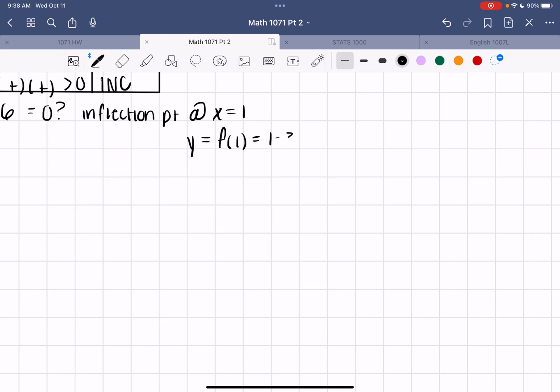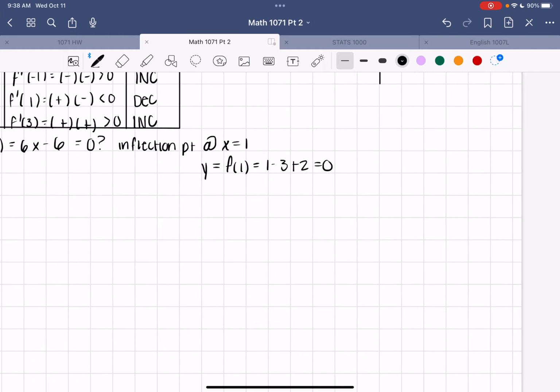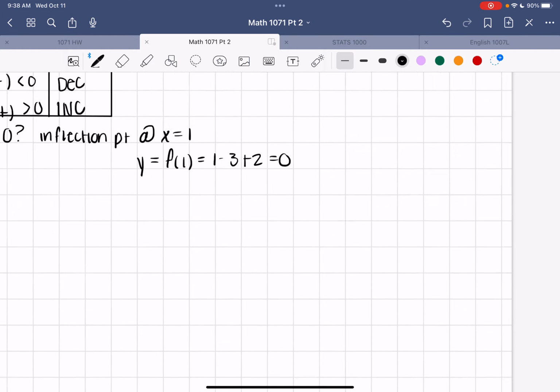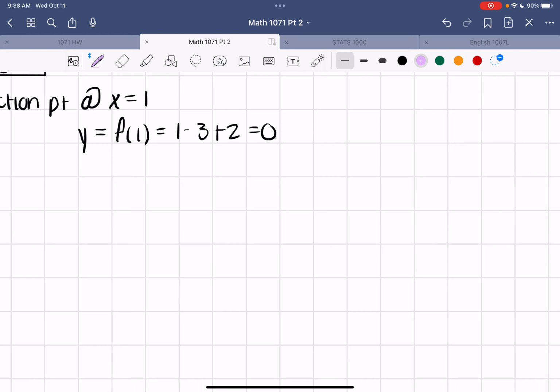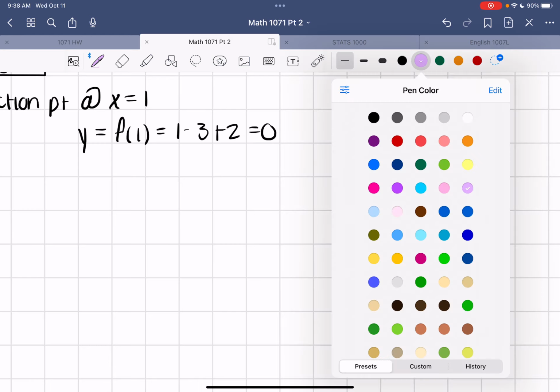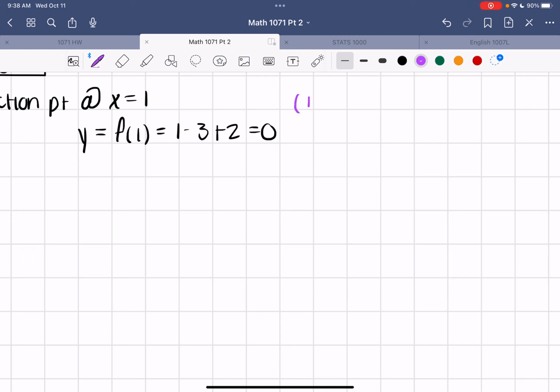So here at 1, maybe I could use purple. There is my inflection point. When x is 1, y is 0. That's inflection. These are critical.